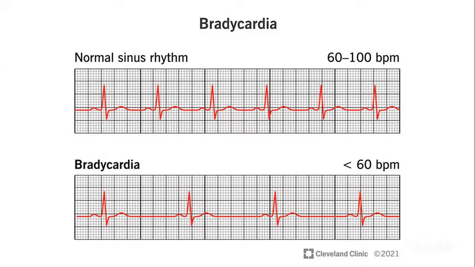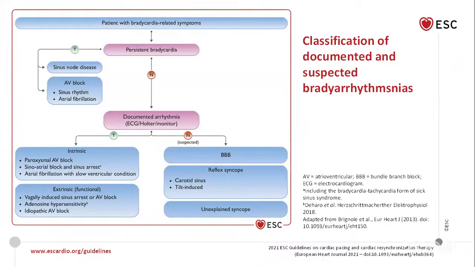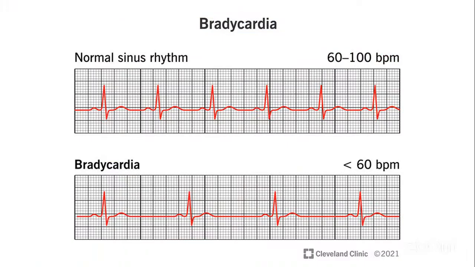So if we divide 300 by 7, 7 times 4 is 28, so we're saying the heart rate for this strip below is about 40 something, which is far less than 50 beats per minute that we took as our cutoff for bradycardia. So if you have an ECG like this, you have made your diagnosis of bradycardia in that patient.